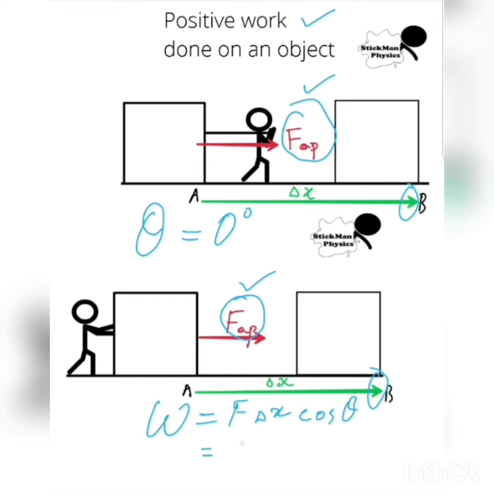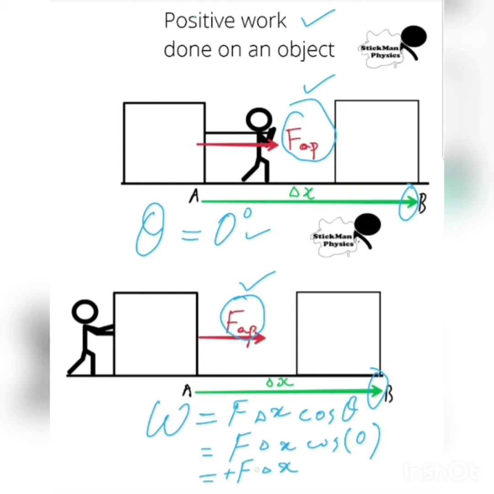And in our case, remember, whenever you have an angle in the same direction as that of the displacement, our angle there is going to be 0 degrees. So for theta, we are going to substitute 0 degrees. Therefore, we are going to remain with F delta X, and that is positive.